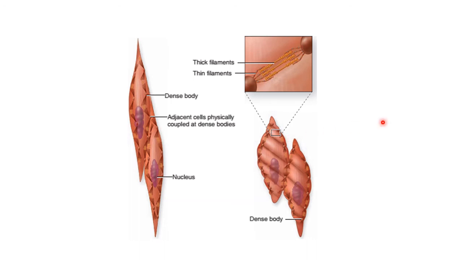They don't form striations; there are no striations like in cardiac and skeletal muscles. And we notice that adjacent cells are physically coupled at dense bodies. We will talk about dense bodies next.